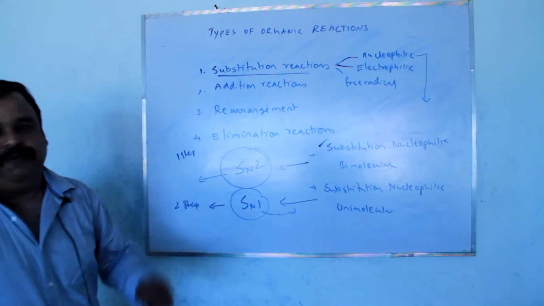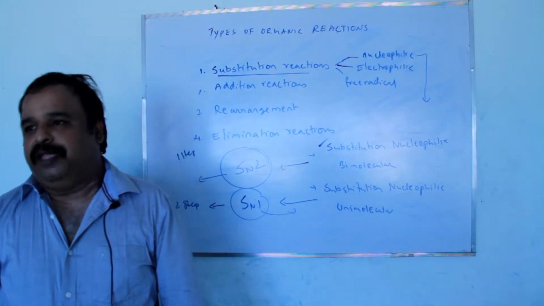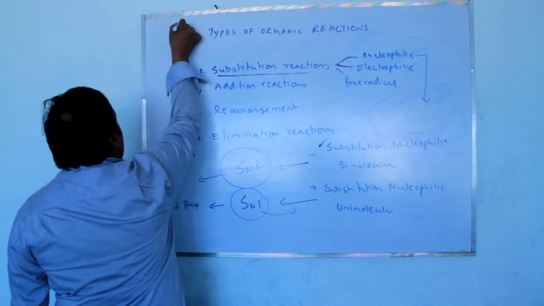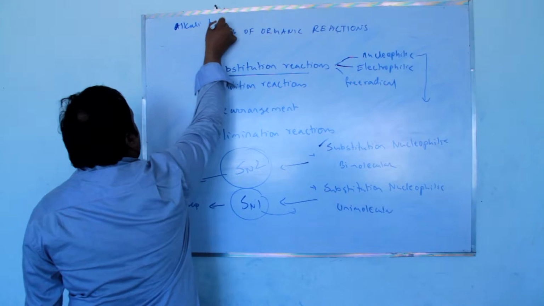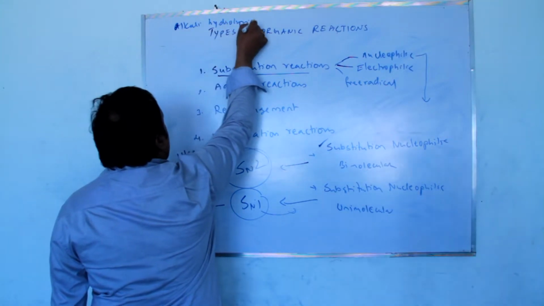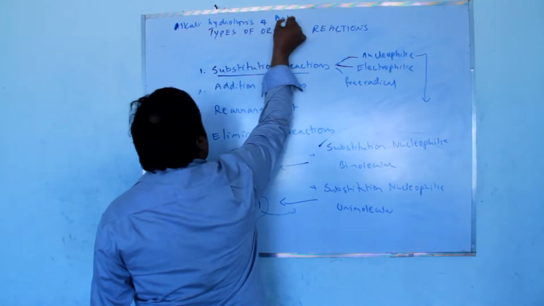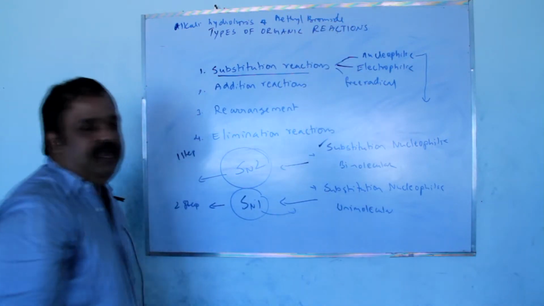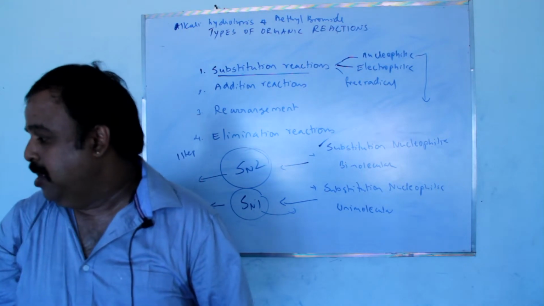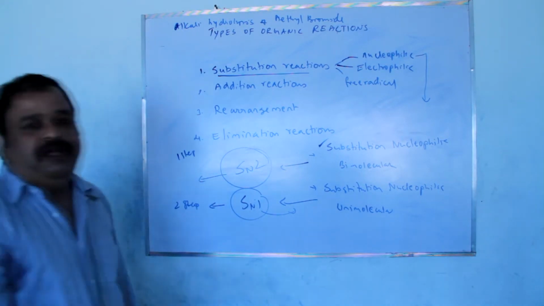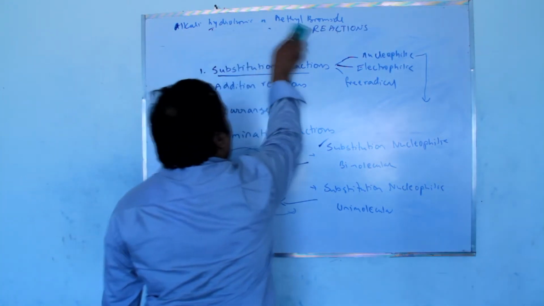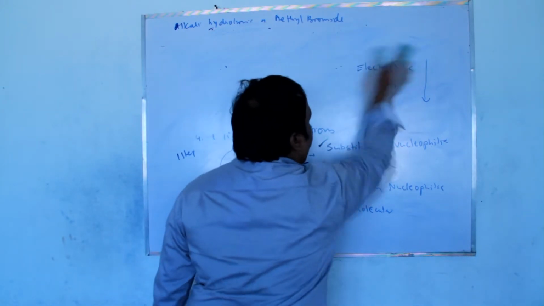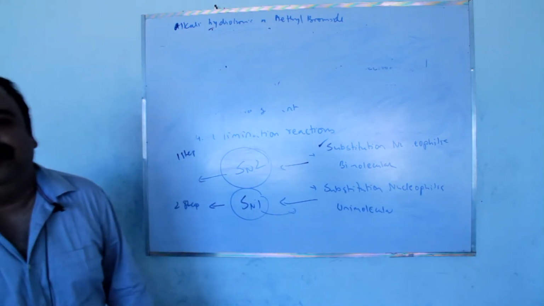For an example of the substitution nucleophilic bimolecular reaction, the best example is alkali hydrolysis of methyl bromide. This reaction depends upon the concentration of alkali as well as the concentration of methyl bromide, and hence it is a substitution nucleophilic bimolecular reaction.